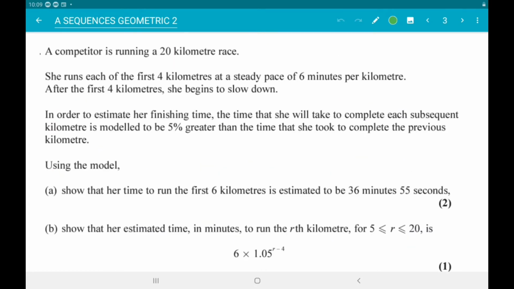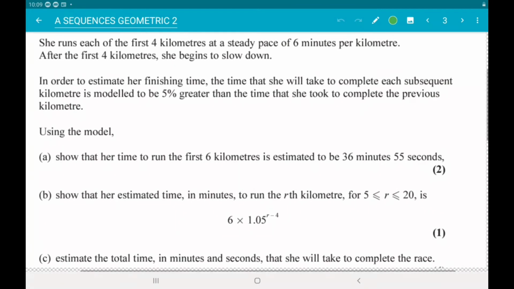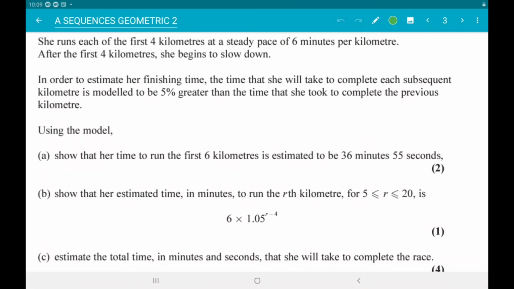Okay then, part B, we want to show that the time to run the rth kilometre, from 5 to 20, is 6 times 1.05 to the r minus 4. Alright.